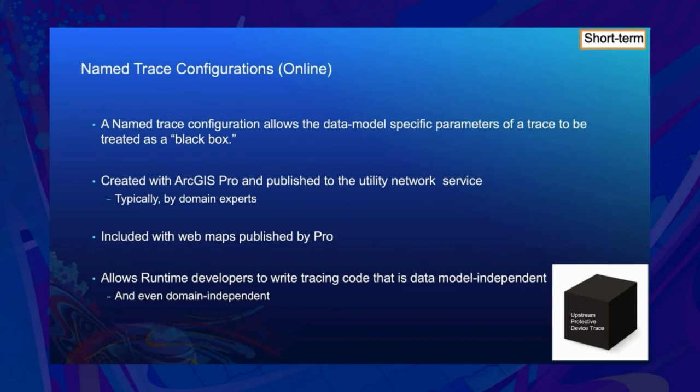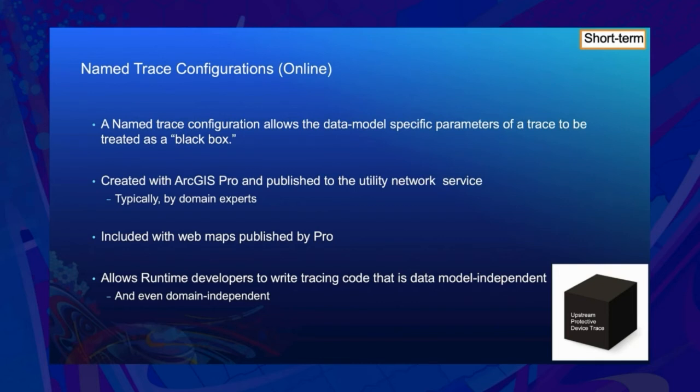The app developer gets those by asking the user to click on the map or what have you. They run the trace, they get the results. You know what type the results are in, you display them on your screen. You don't need to know the individual fields that are queried as you're doing this trace. This also allows you to write an application that runs with various different data models, right?